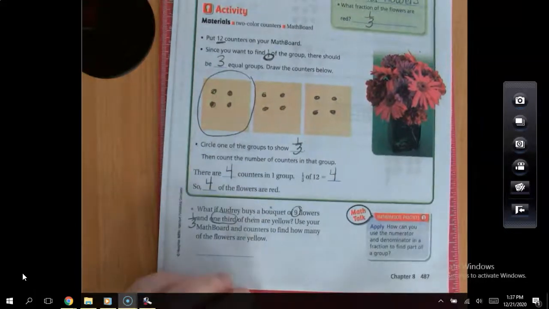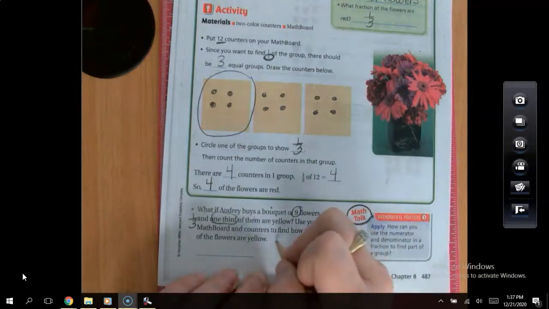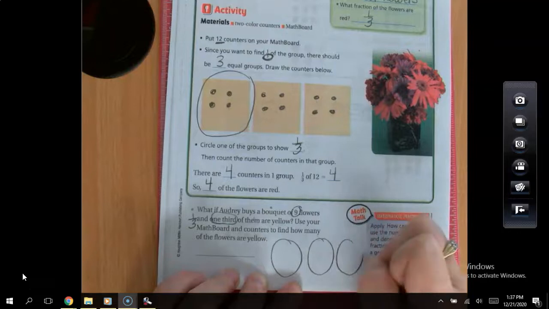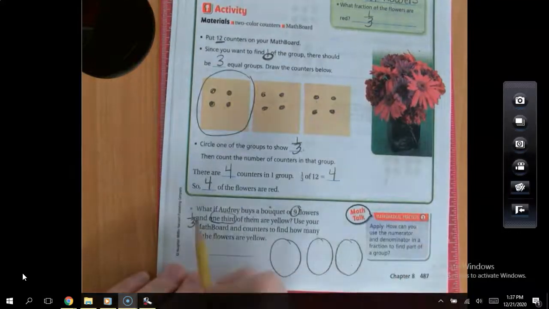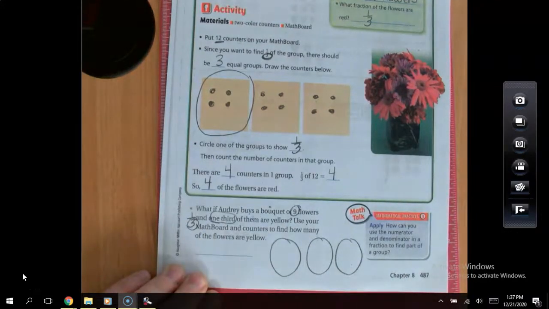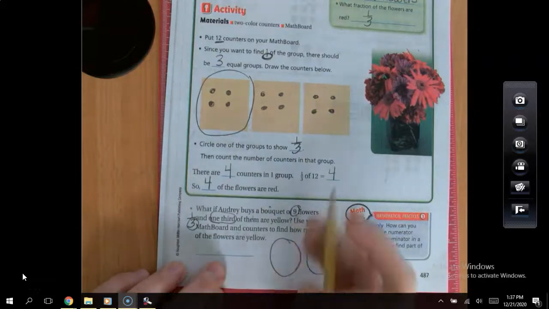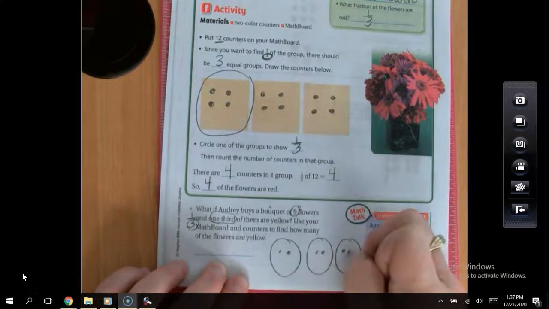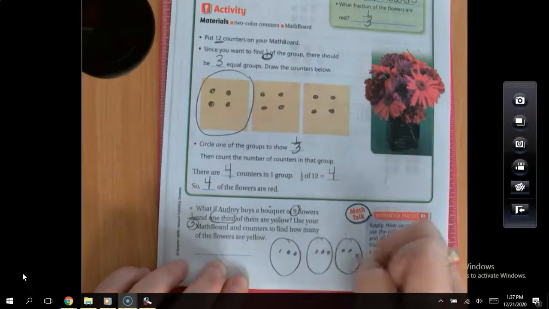So I am going to draw my box. I have a group here, here, and here. This represents my 3 groups. And I need to put 1 in each one until I get to 9. 1, 2, 3, 4, 5, 6, 7, 8, 9.